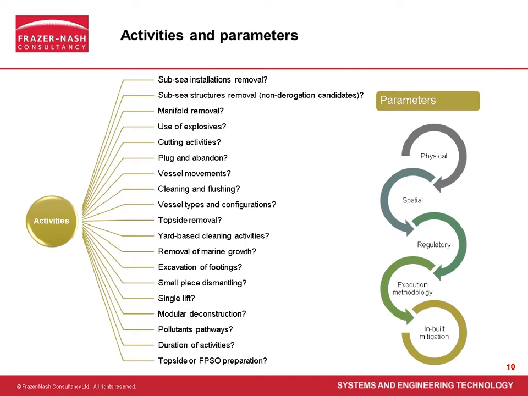Spatial parameters concern the geographic boundary or extent of the likely impacts from the decommissioning programme. Something to be conscious of here is the need to clearly define the spatial extent of the appraisal. For example, removed infrastructure is likely to be brought onshore for cleaning, dismantling, and final disposal.